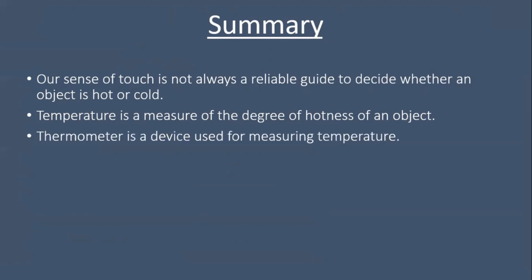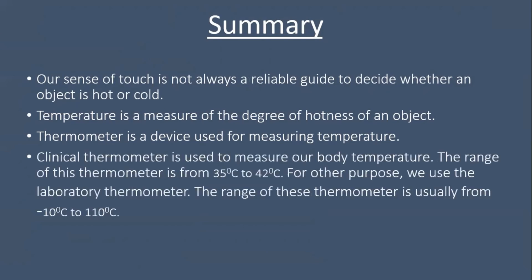Thermometer is a device used for measuring temperature. Clinical thermometer is used to measure our body temperature. The range of this thermometer is from 35 degrees Celsius to 42 degrees Celsius.